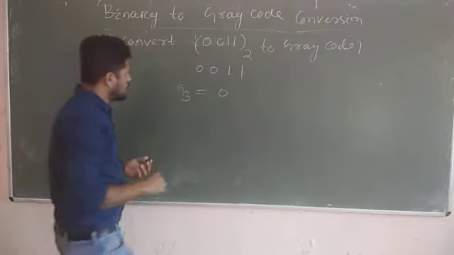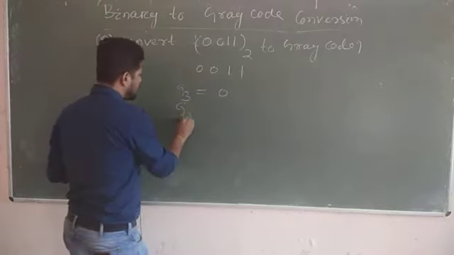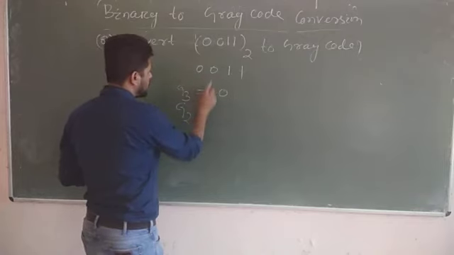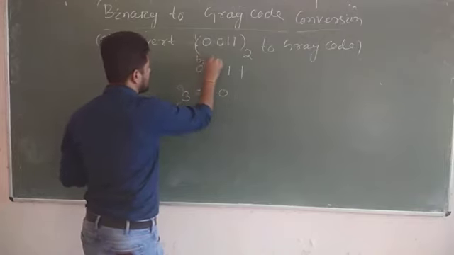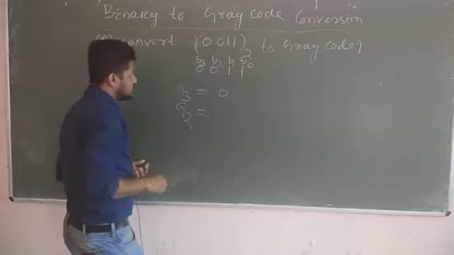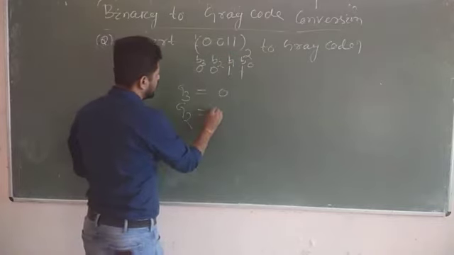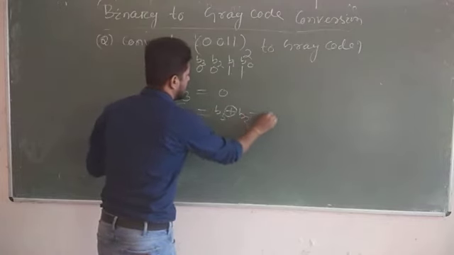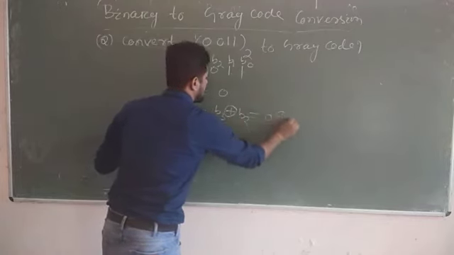This is your B3, this is B2, this is B1 and this is B0. G2 is B3 XOR B2, which is nothing but 0 XOR 0.